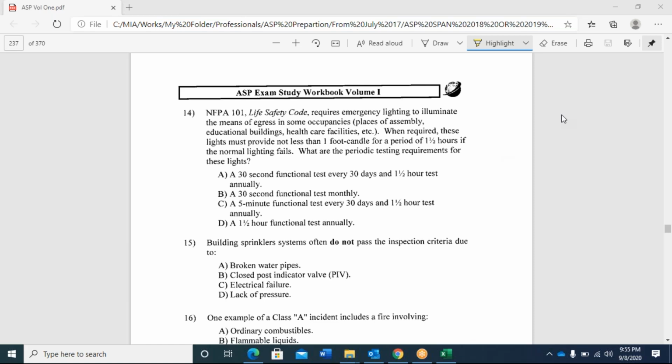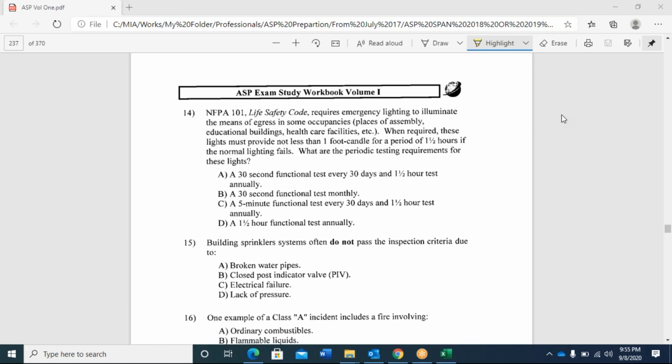B is a 30-second functional test monthly. C is a 5-minute functional test every 30 days and a 1.5 hour test every year. And the last one, D, is a 1.5 hour functional test annually.